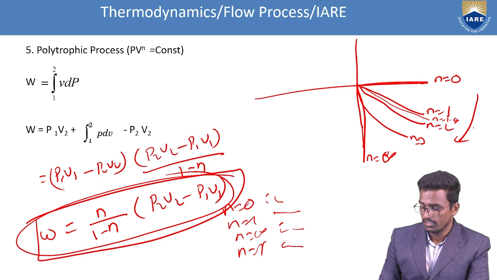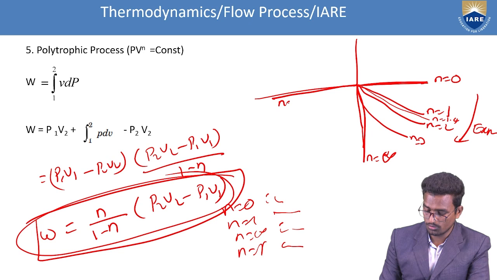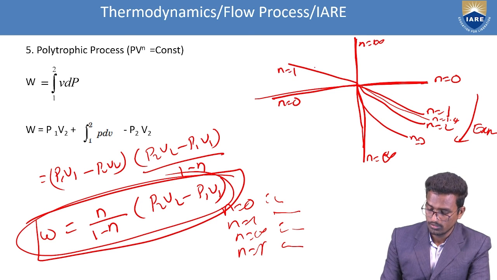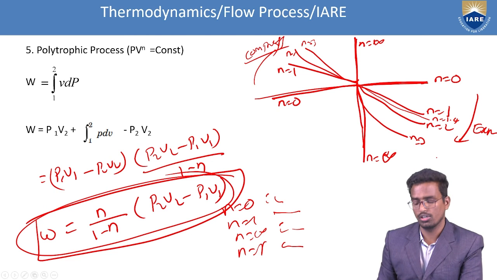This is the expansion process, and the same here, n is equal to 0, n is equal to infinity, n is equal to 1, n is equal to 2, n is equal to 3 here. This is the compression process. So if you draw the graphs for the n values and the p values, you get this one.